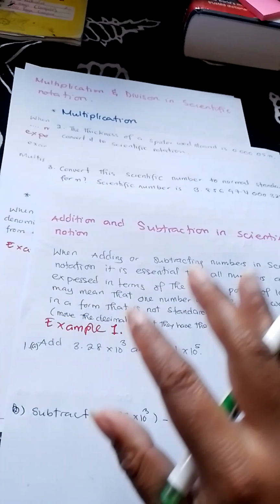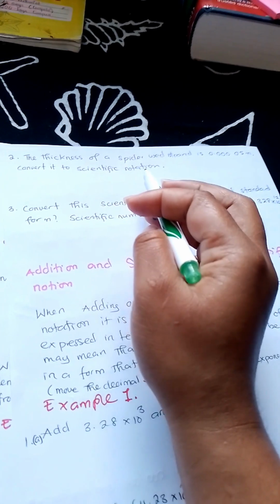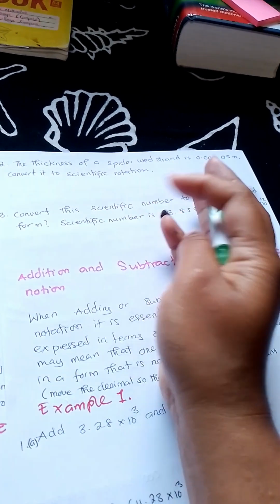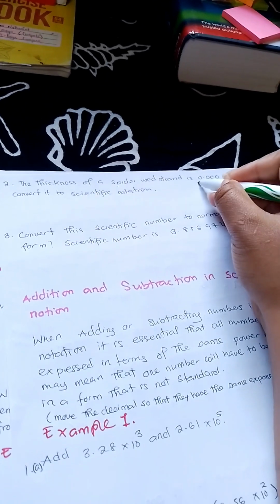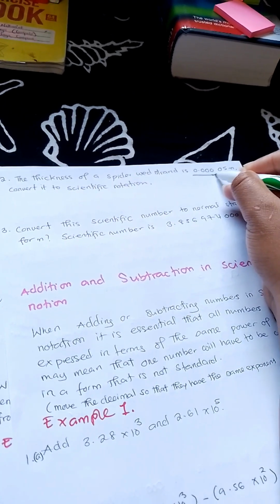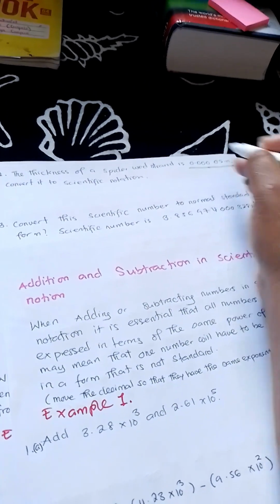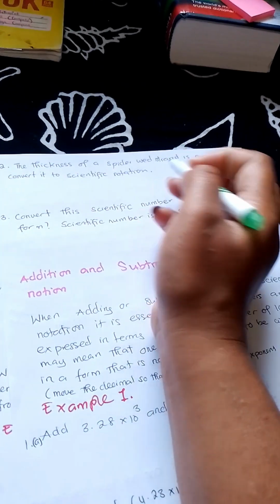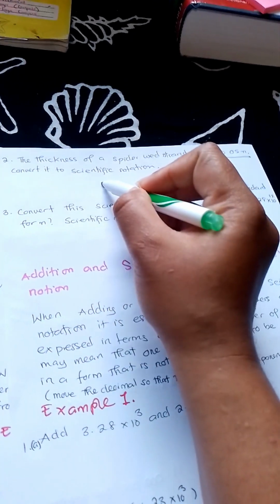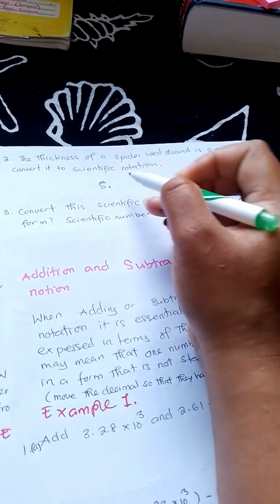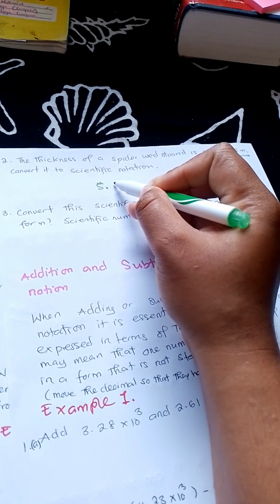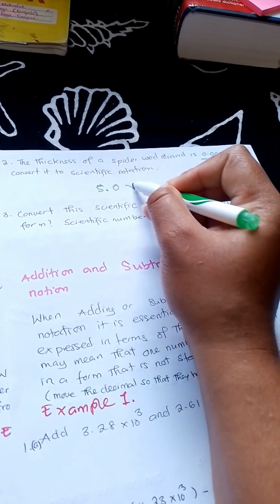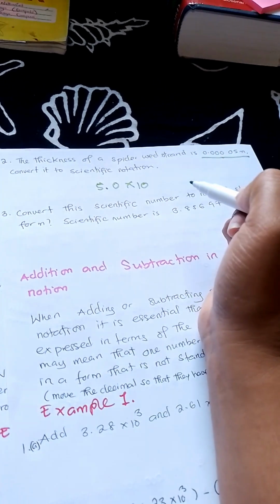Okay, let's look at another example. The thickness of a spider web strand is 0.000005 meter. Convert it to scientific notation. By the rule we go 5.0 times 10 to the power of.